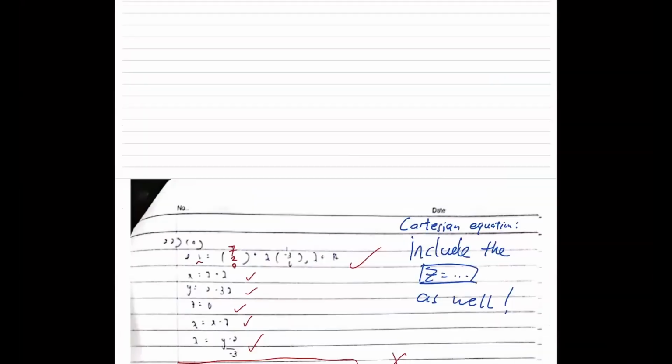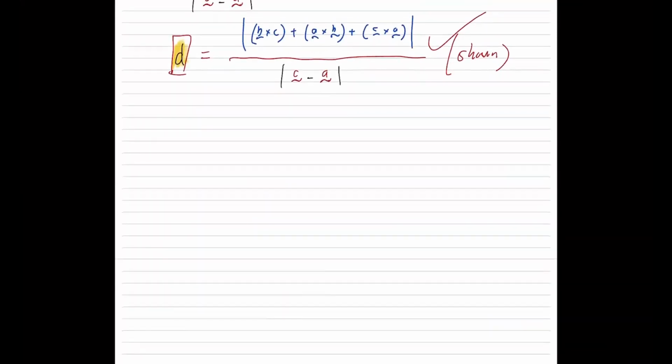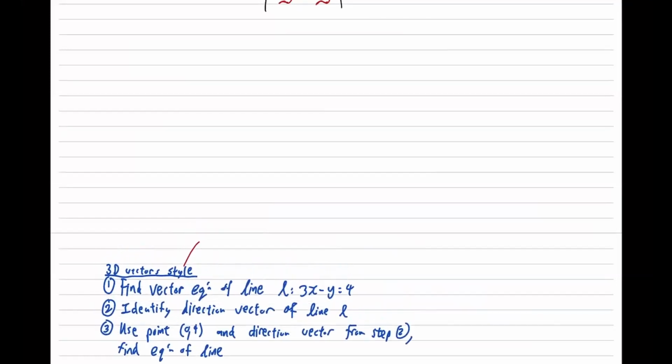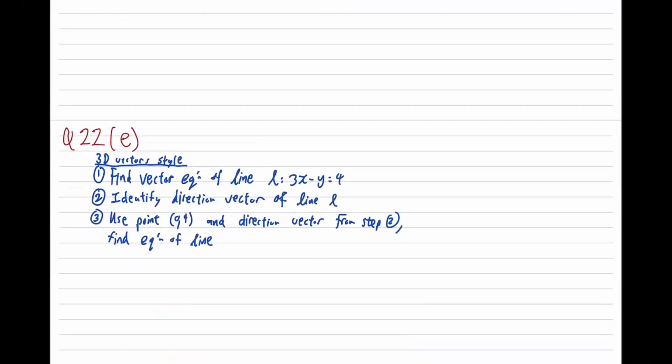This is bad. Where should I do this? Okay, I'll do it over here. What question is this again? 22. Okay. 22 part E.